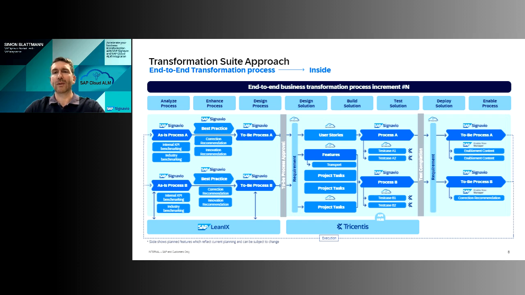This is also the point in time where we hand over the to-be process model, the BPMN diagram, to SAP Cloud ALM via our new integration, and then continue with the ALM process: capturing the requirements and creating user stories, developing actual features, and organizing your project by project tasks.